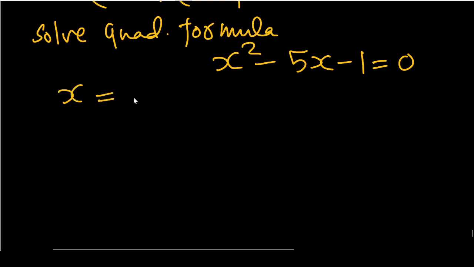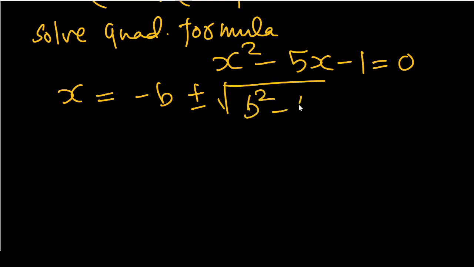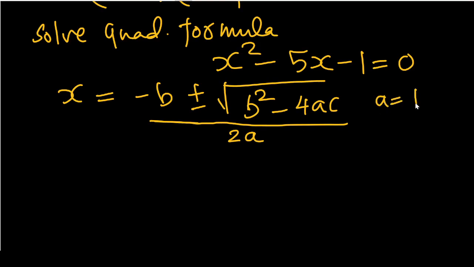So the formula is again the same, minus b plus minus under root b square minus 4ac upon 2a. So where a is the coefficient of x square, b is minus 5, the coefficient of x, the constant term is minus 1, that we will substitute here.